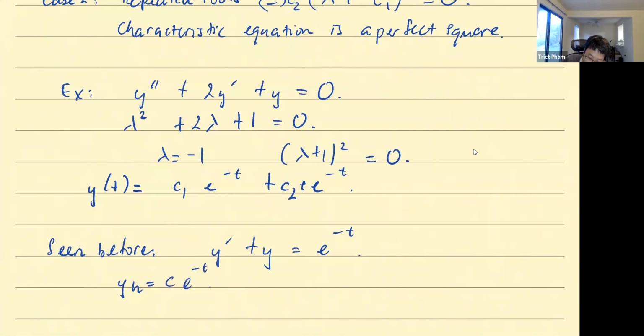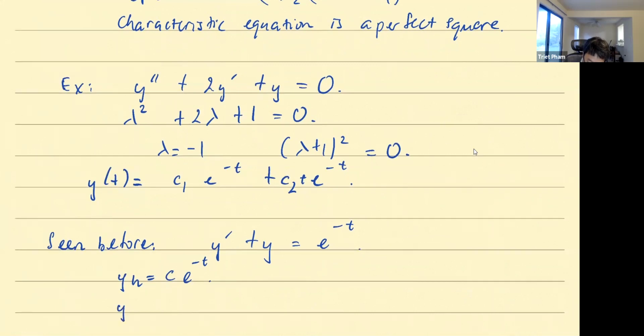But if you guess your particular solution to be e to the minus t, that won't work, exactly because your homogeneous solution is e to the minus t. If you plug e to the minus t in here, you'll get 0. So you must guess t e to the minus t with an undetermined coefficient for you to be able to solve.